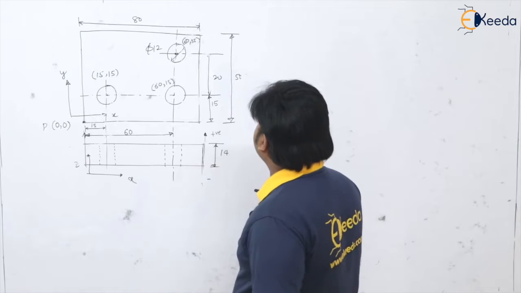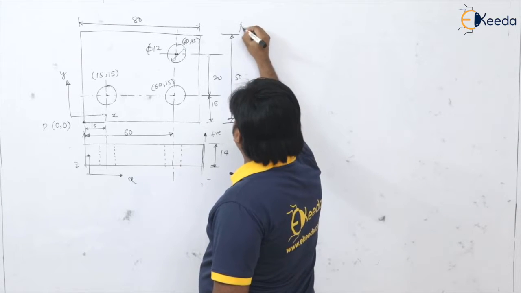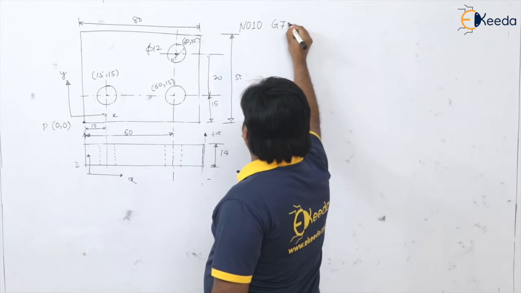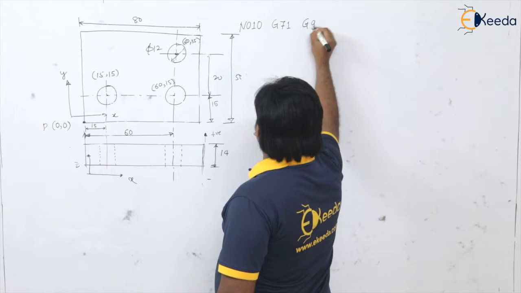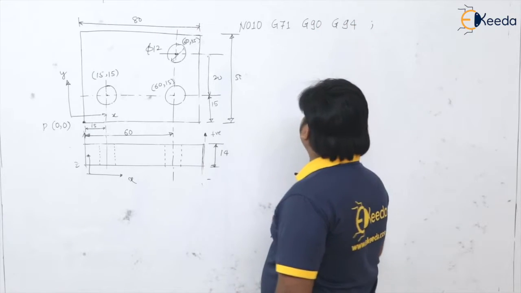Let us write the first block, that is N010, G71, G90, G94, end of the block.